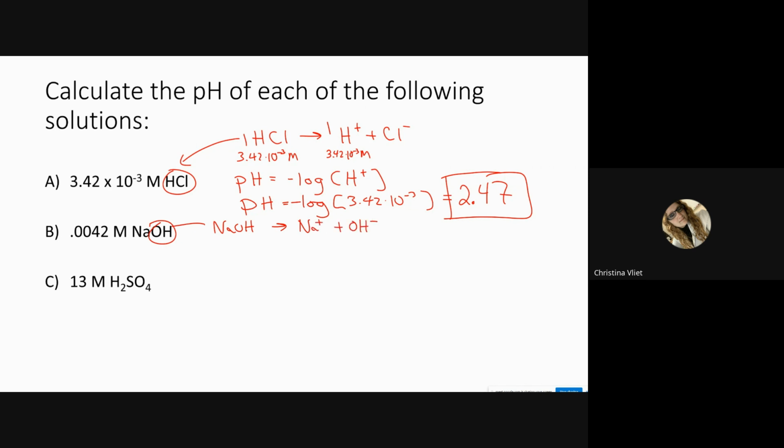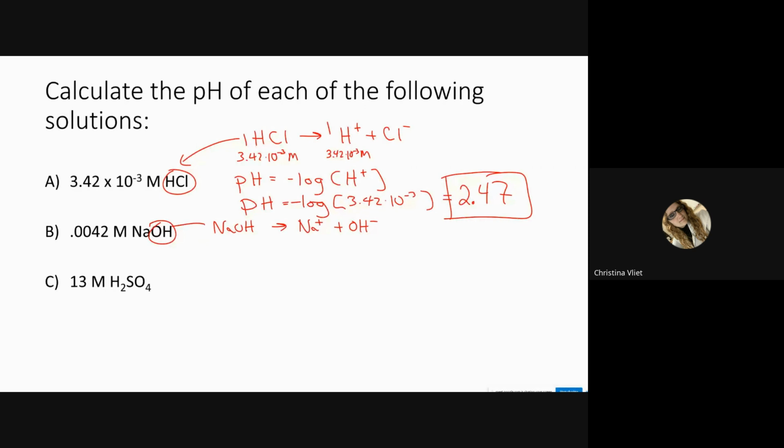I don't know about you, but I see a base. That's hydroxide, right? That's a group 1 hydroxide. That's a strong base. We just said that those were strong bases, right? So can we find the pH directly? Yes or no? What will we have to find first?